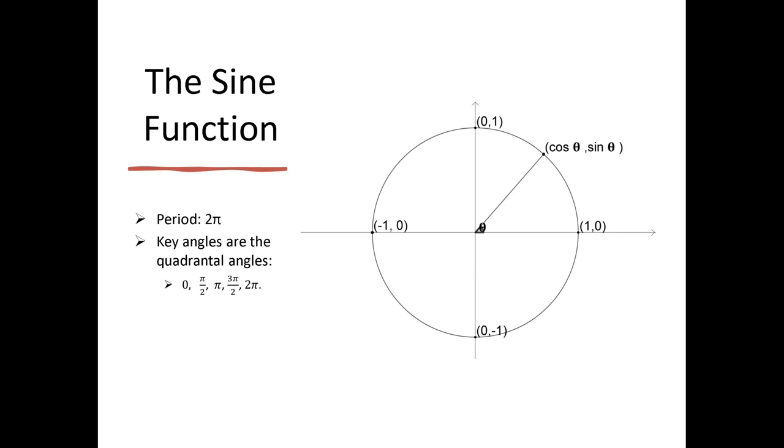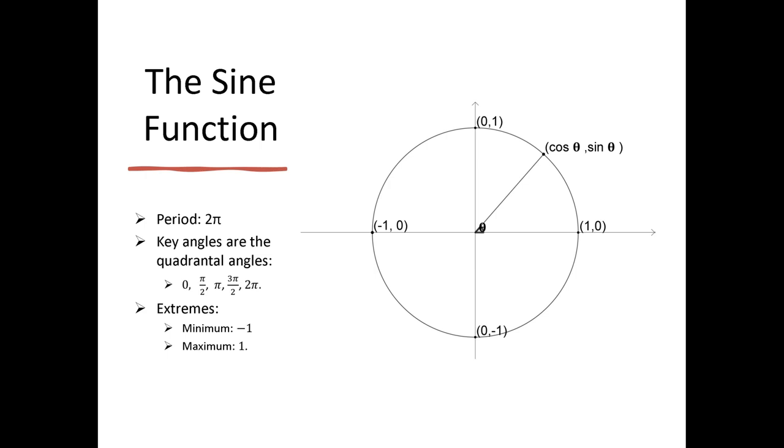Next is that we have these key angles. These are the quadrantal angles, 0, pi over 2, pi, which are basically the points around this circle here. Now, one more thing to note is that the values of our sine function can only be as large as 1 and as small as -1.